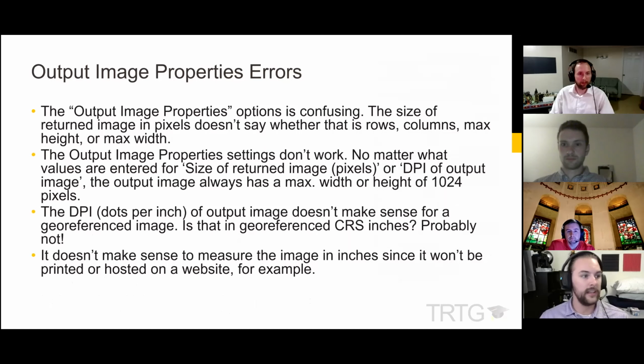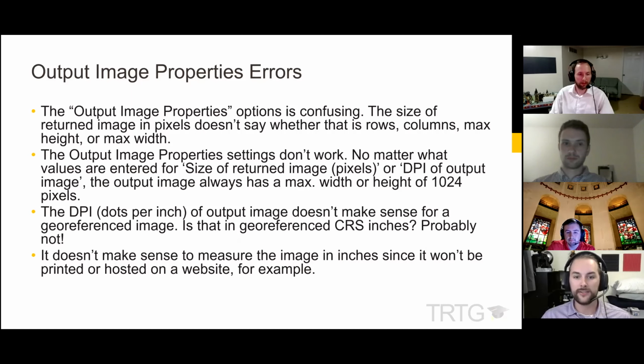To touch on the image output properties, the final selector down at the bottom of the tool, the options are confusing. The size of the returned image in pixels doesn't say whether it's rows, columns, max height, or max width. No matter what values are entered for the size of the returned image or the DPI of the output image, it always has a max width or height of 1024.